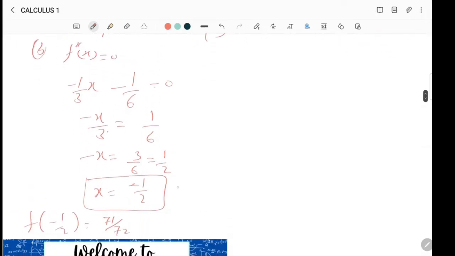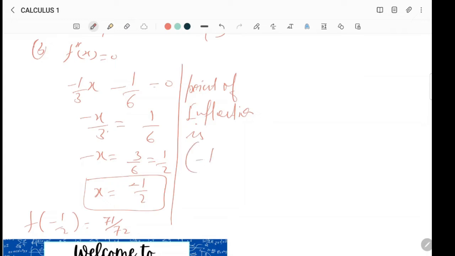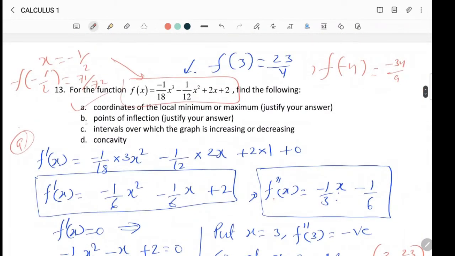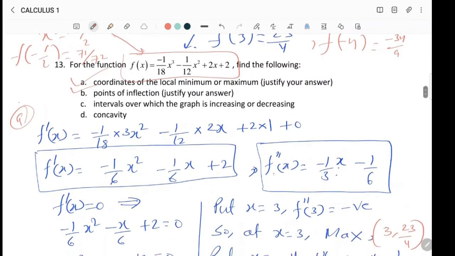So what's the point of inflection, guys? The point of inflection is minus half comma 71 over 72. Okay, so the B part is also done.